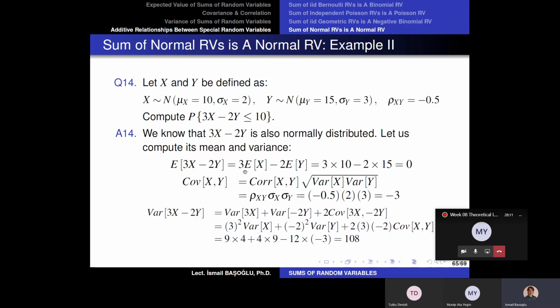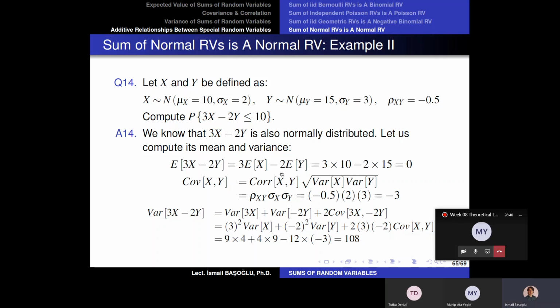And that expectation is equal to 3 times the expected value of X minus 2 times the expected value of Y. And since the expected value of X is equal to 10 and the expected value of Y is equal to 15, the result is going to be 0, which means 3X minus 2Y is basically a normal random variable with location parameter 0.